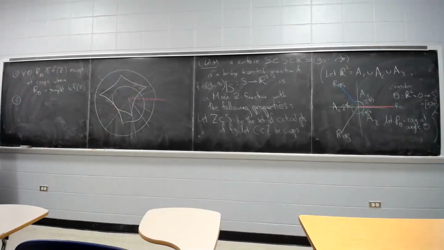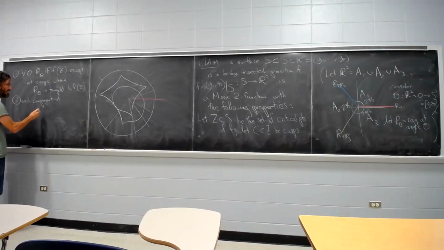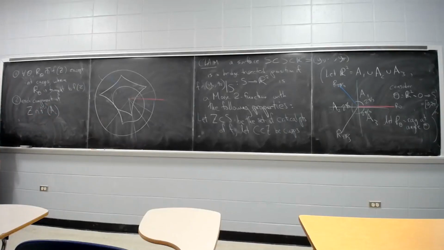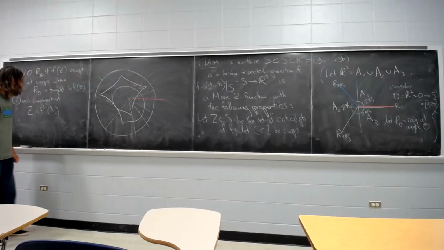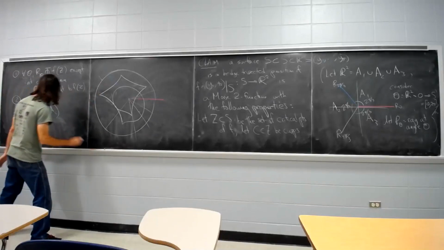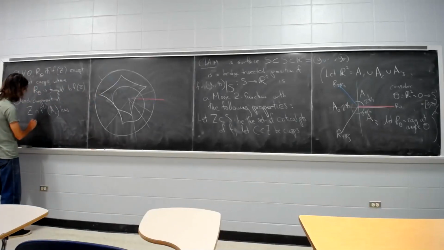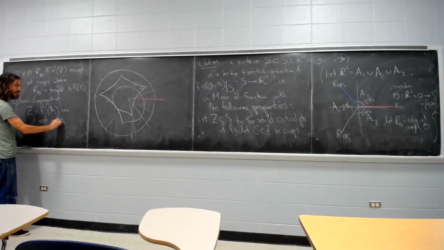Now, the second thing I want is that each component of Z intersected with F inverse of AI, for each I, so it'll break up into a bunch of components, has at most one cusp. And actually, that's all.